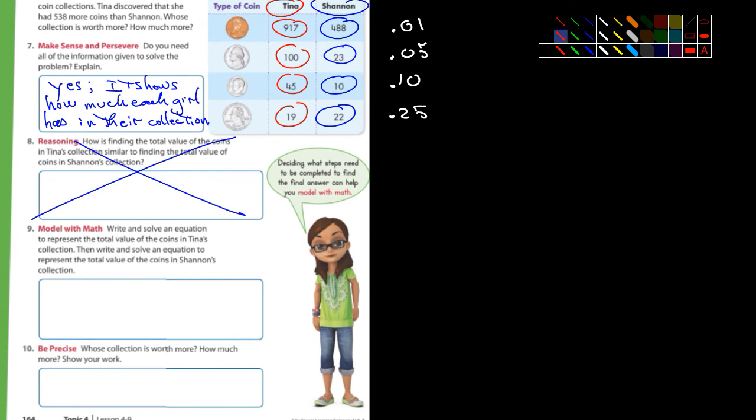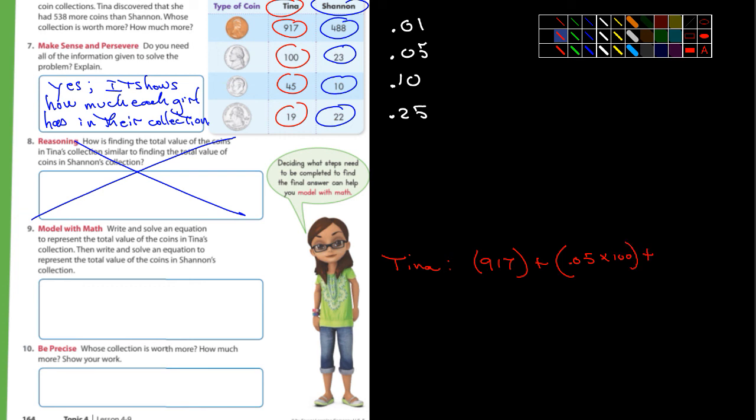All right, so for Tina, it's going to be 917, because that's the pennies, plus 0.05 times 100.